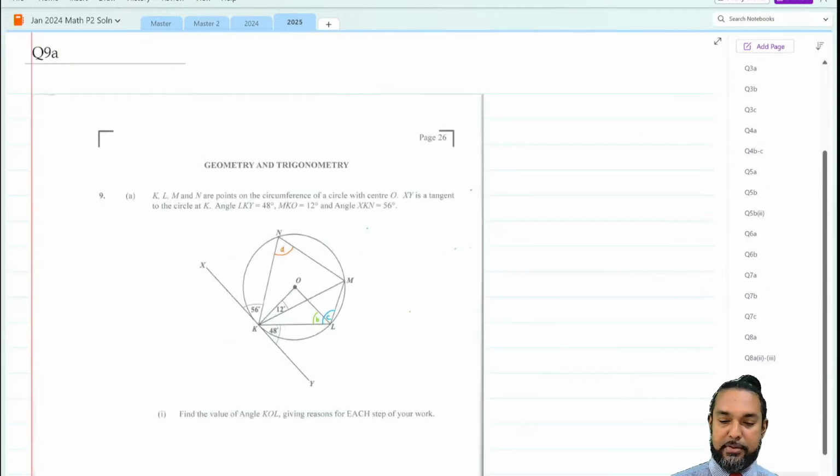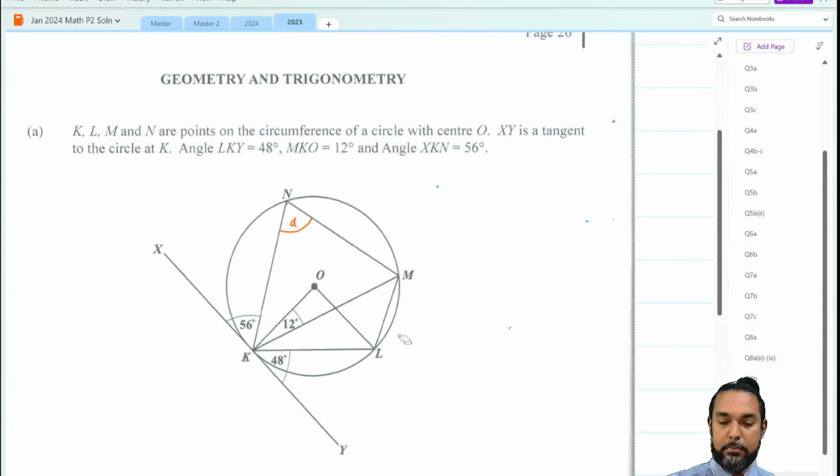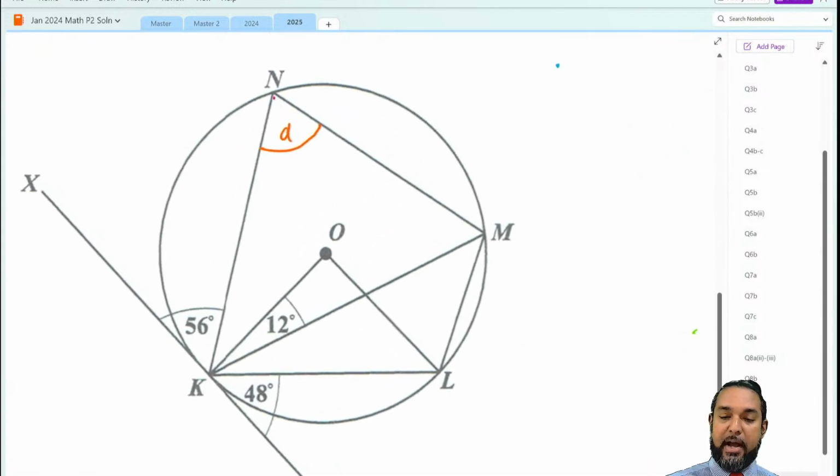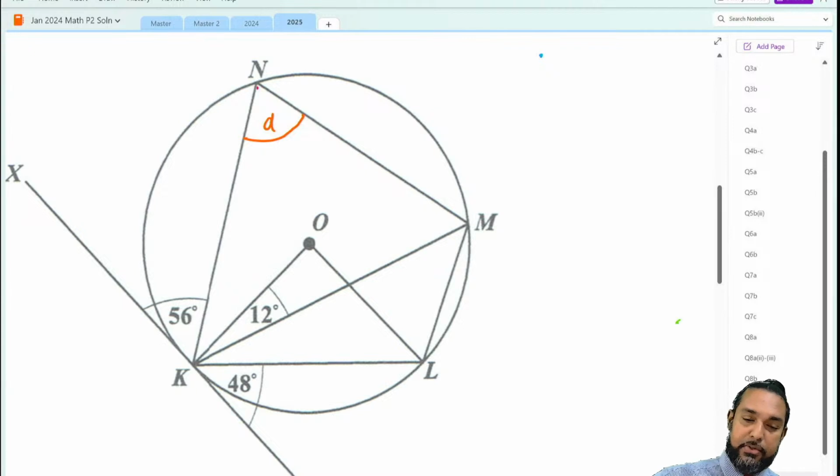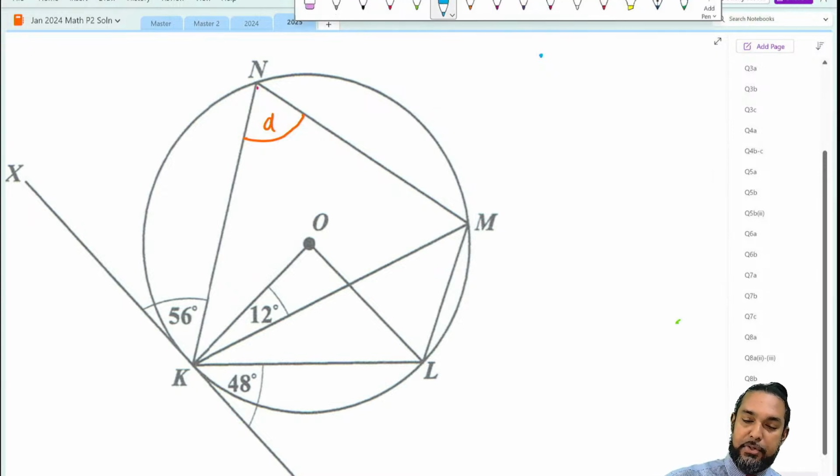Right, and the last piece is angle D. Now you have a couple of different ways to find angle D. The easiest way to do it is to use the solution we just got, and I'll show you why.